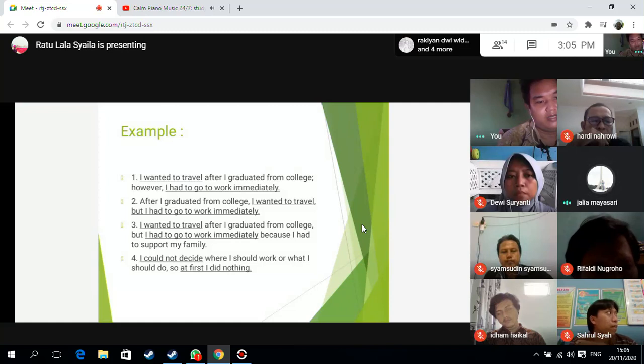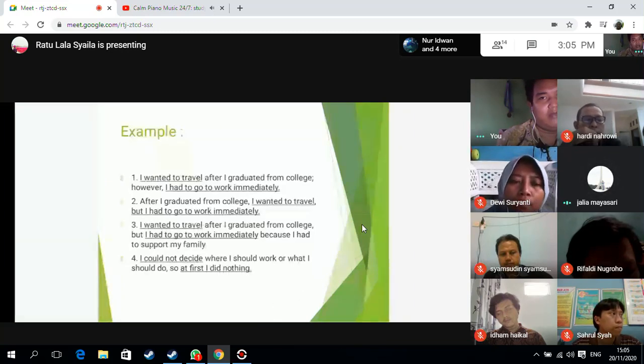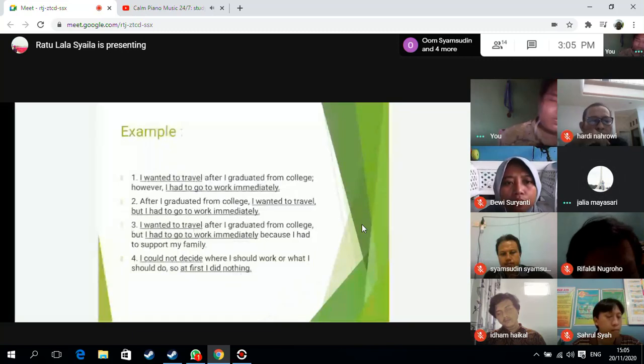Number 2, after I graduated from college, this is a dependent clause. I want to travel. This is an independent clause. But I had to go to work immediately. This is an independent clause. So there is 1 dependent clause and 2 independent clauses in this sentence. Number 3, I want to travel.